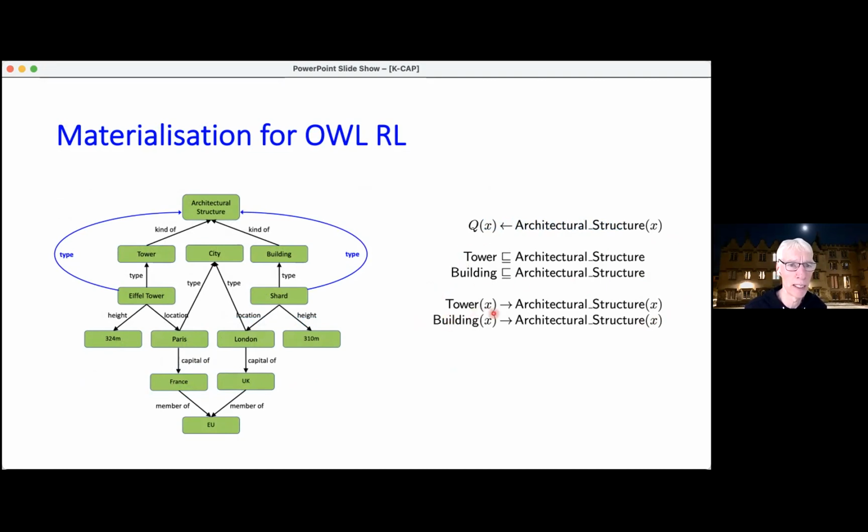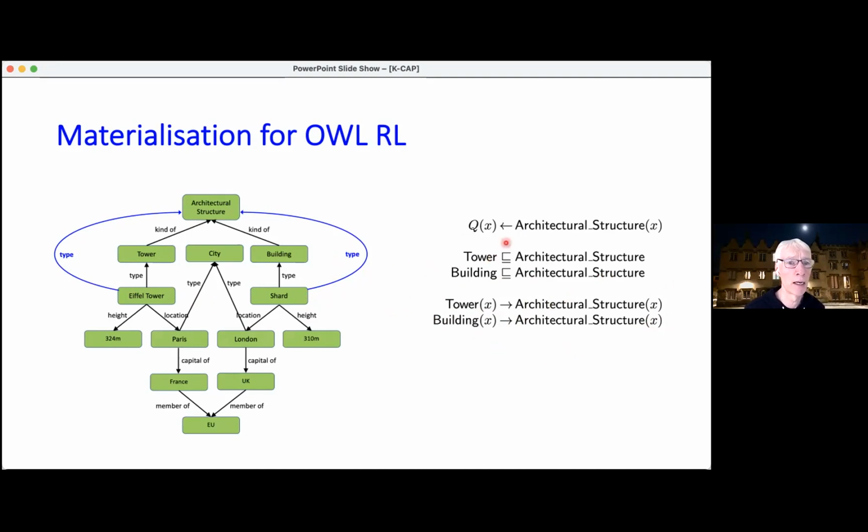I use them forward to materialize into the graph implicit edges that I can derive using the rules. In this case, it just means I add these two additional type edges, which capture the semantic relationship I was mentioning between type and kind of, which is also specified in these two rules.